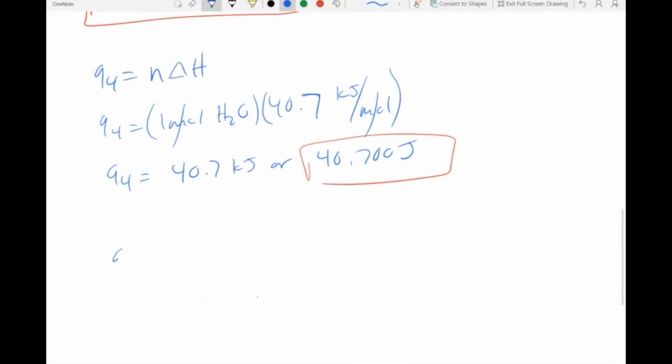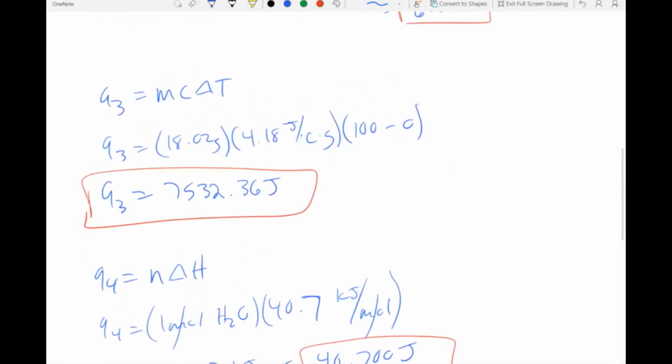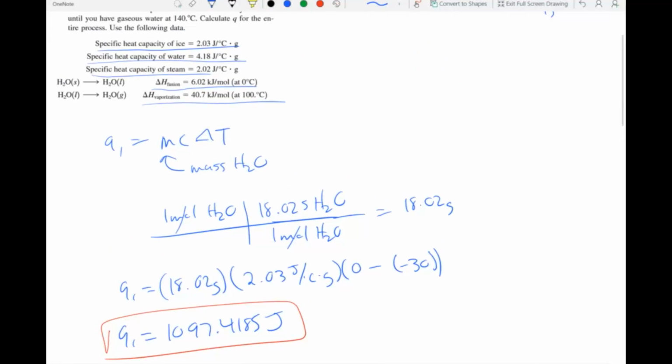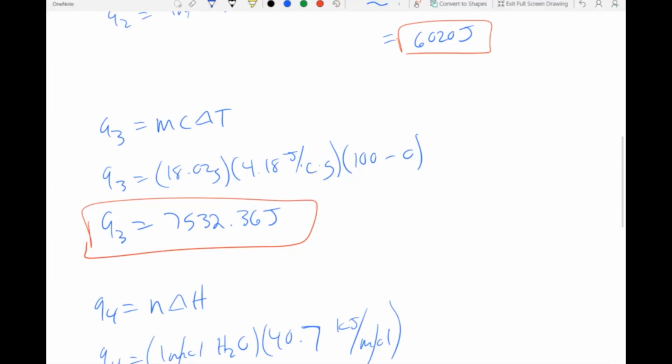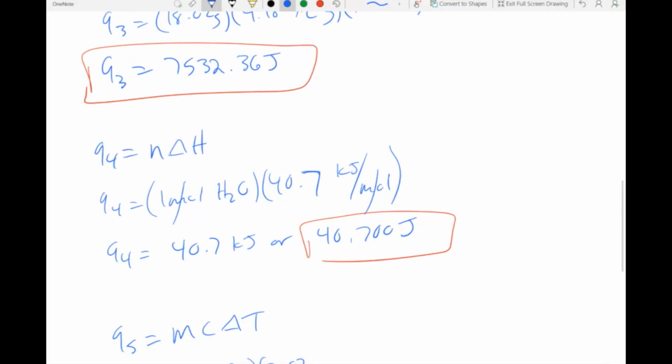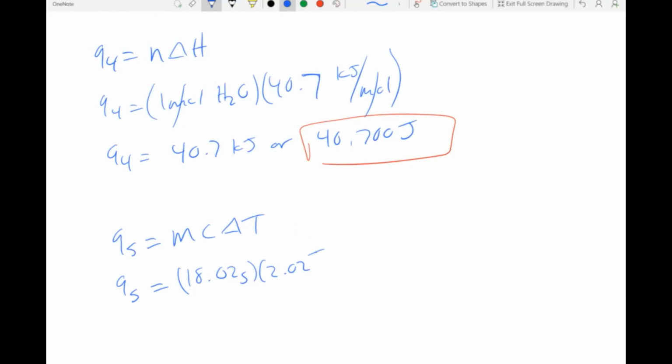And so for Q5, we can switch to the other equation, MC delta T. No phase change is occurring here. So 18.02 grams, and then this one right here would be the specific heat of steam, which is 2.02 joules per degree Celsius times gram. Then our final temperature is 140 and our initial is 100.